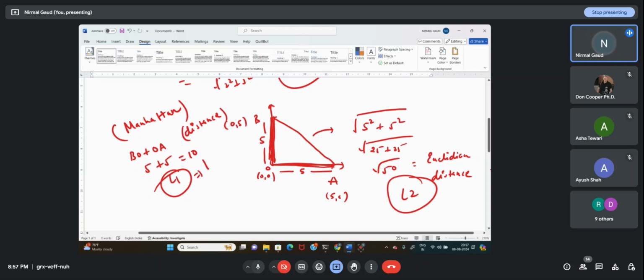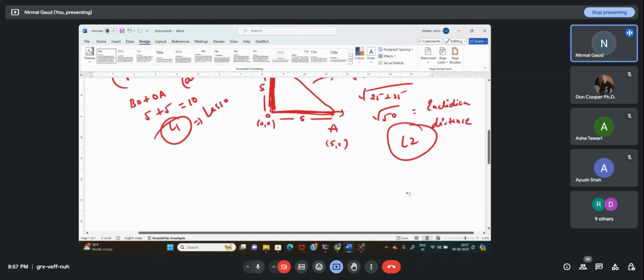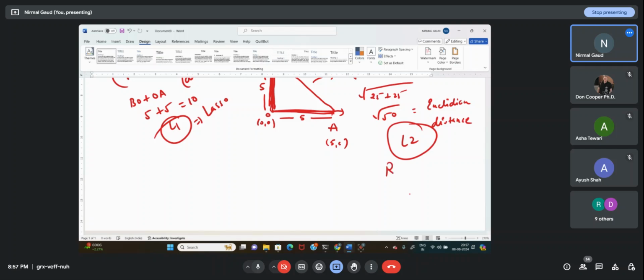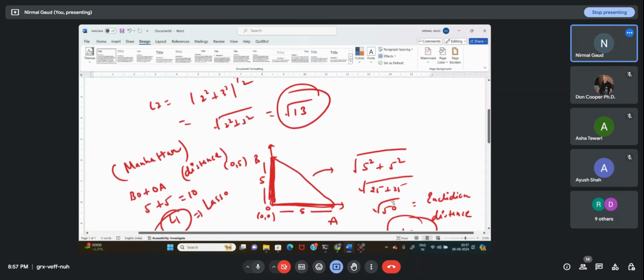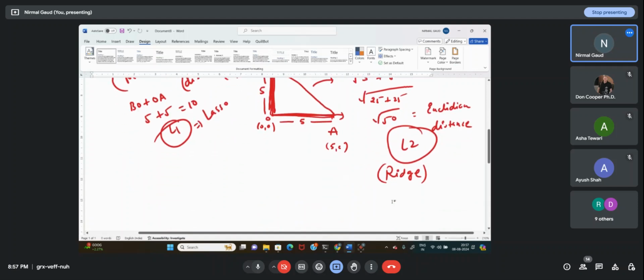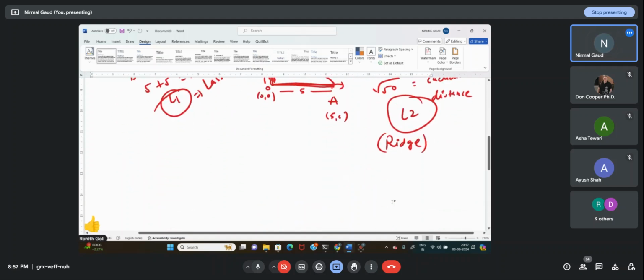L1 is also called lasso. L2 is also called ridge. We are going to see them in regression techniques. So what I was teaching you so far is related to regularization.